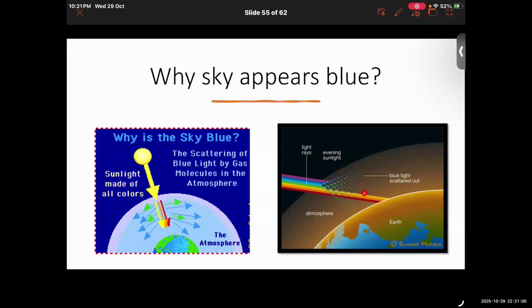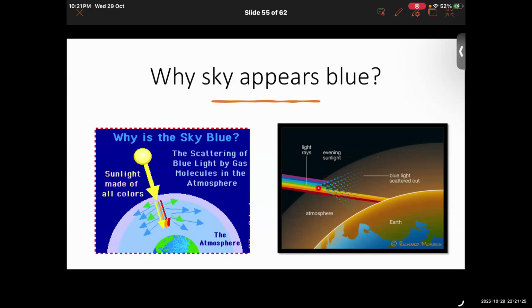So if you were to look at this here, these are the different rays of light. Right now you have red, yellow, orange, etc. You will observe that the red light, yellow light, orange light, etc., are not scattering that much. They are directly going through the atmosphere.